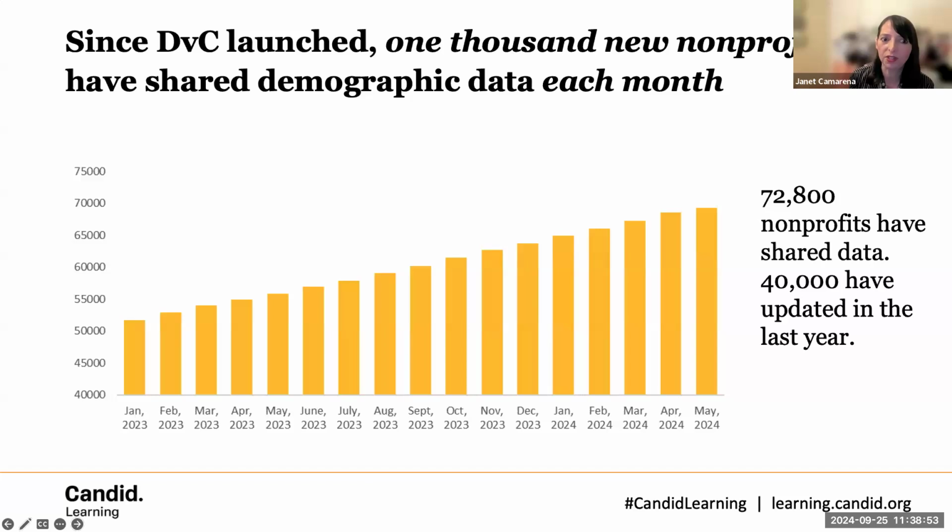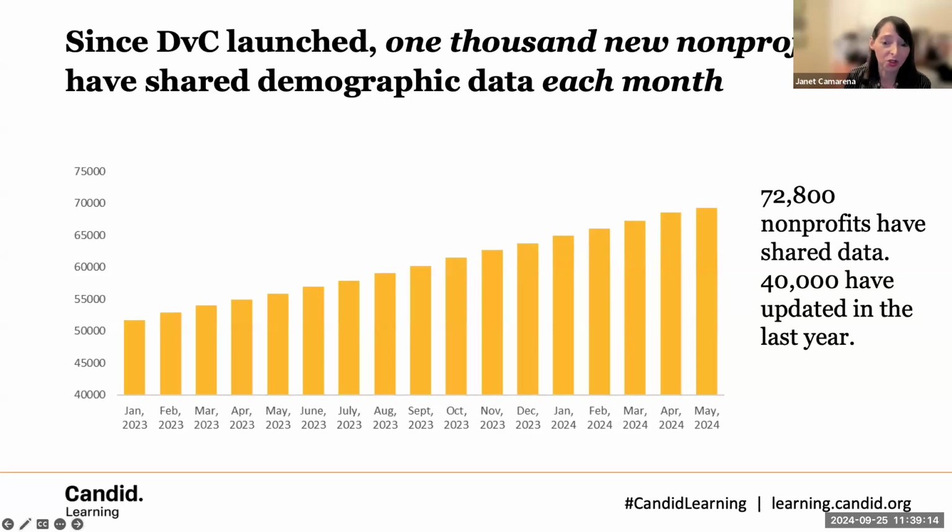I also want to mention the growth of this. We've been very happy to see this has hit a nerve with people in a positive way. Since Demographics via Candid launched at the beginning of last year, on average, 1,000 nonprofits have newly been sharing their demographic data each month, and we currently have more than 72,000 organizations represented.